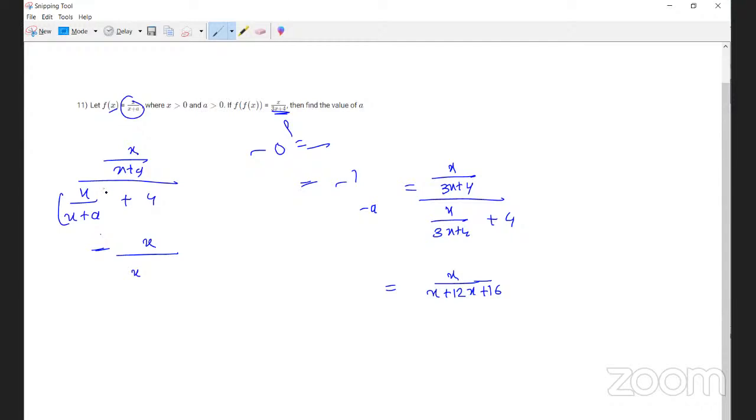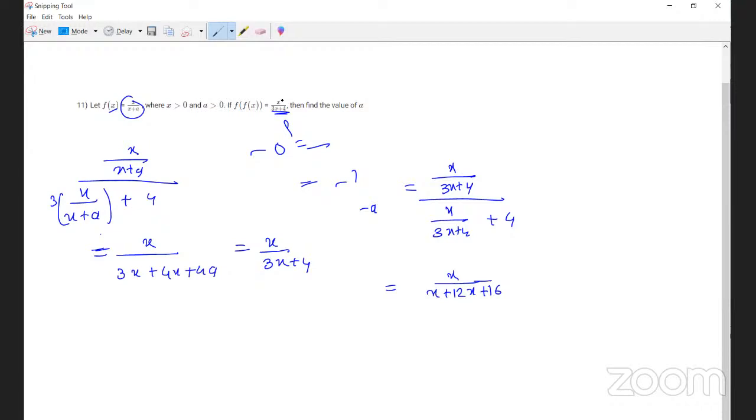This one is 3. So I will get 3x plus 4x plus 4a. If I multiply this, then it will get cancelled. Now this equals my 3x plus 4, right?